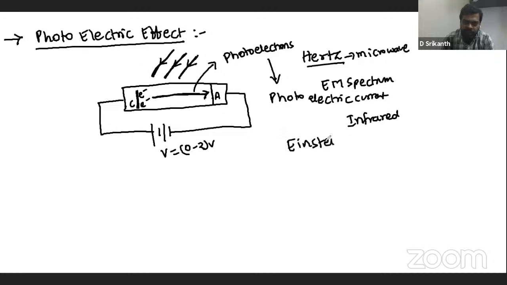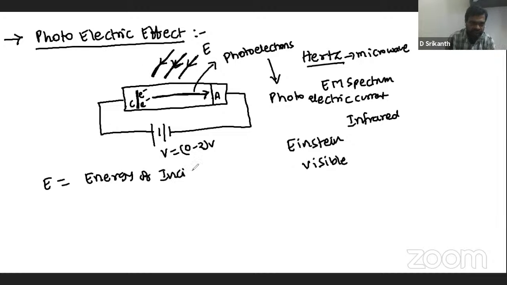Einstein explained that if we incident visible radiation, then electrons will be emitted. Let us consider E as the energy of the incident radiation. Incident radiation can be a combination of light rays or a single light ray.